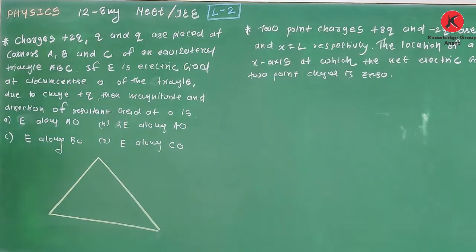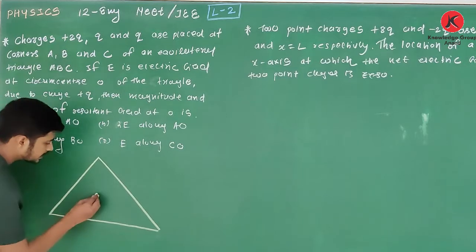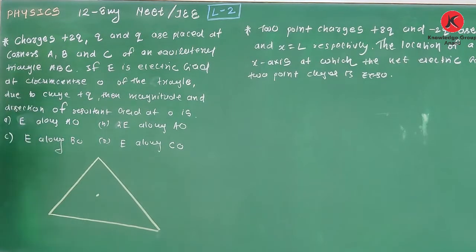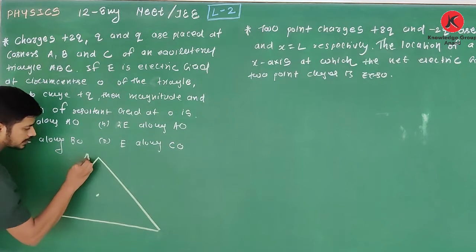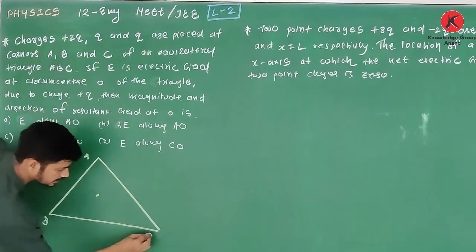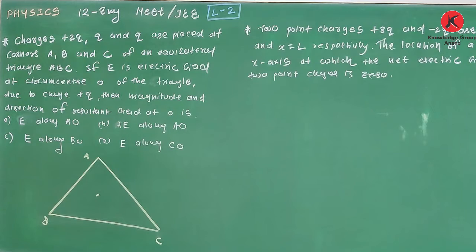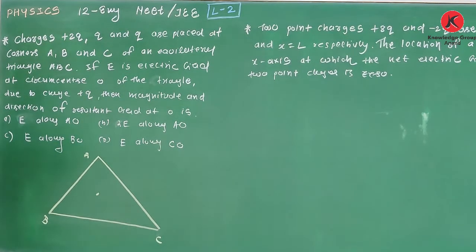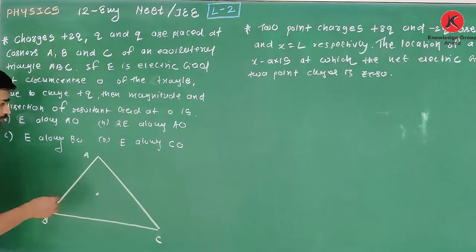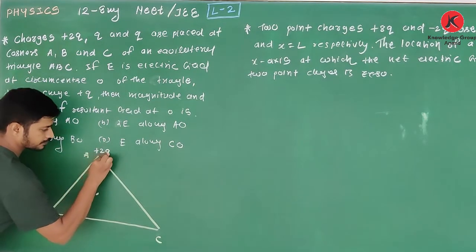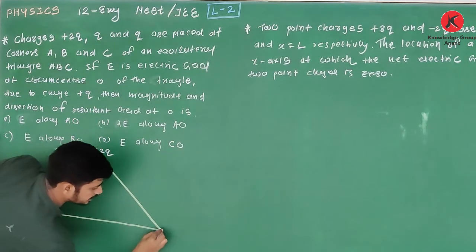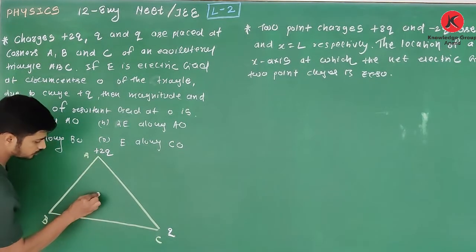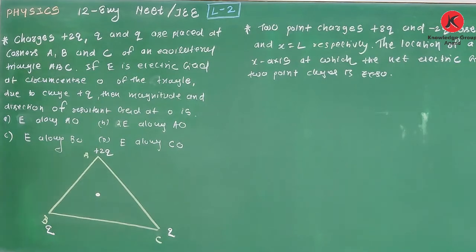It is one equilateral triangle, and this is its circumcenter O. The three points are A, B and C. On A, the charge is plus 2q. Here it is q and here it is q. You have to find the force acting on this circumcenter.